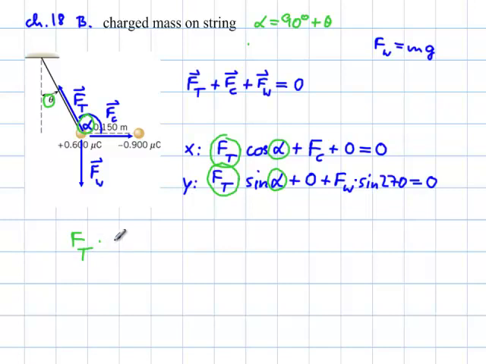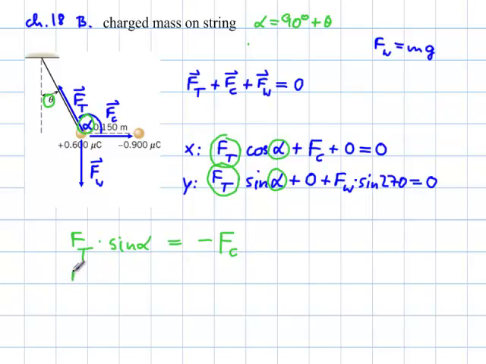Okay, I'm not going to change the color at this point. So Ft times sine alpha, and that equals negative Fc. Notice that Fc actually will be a positive number as it points to the right, but of course I brought it to the other side, so that introduces a negative.